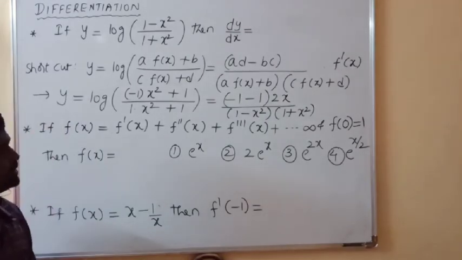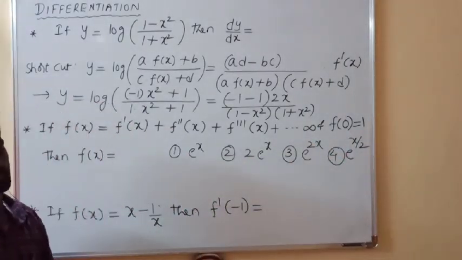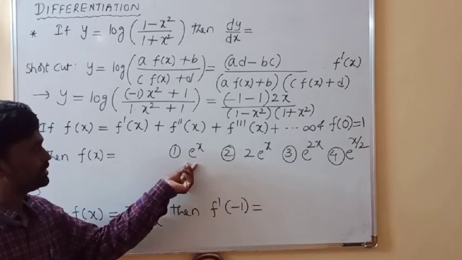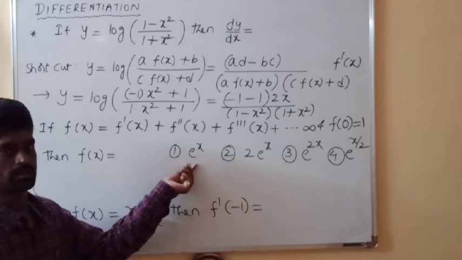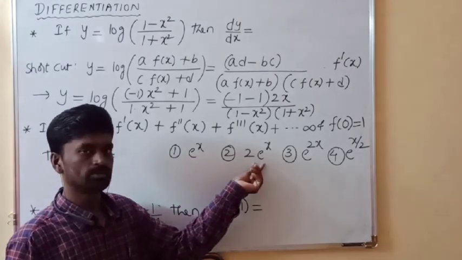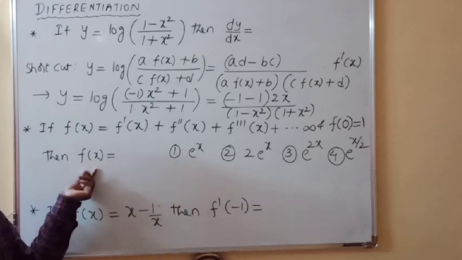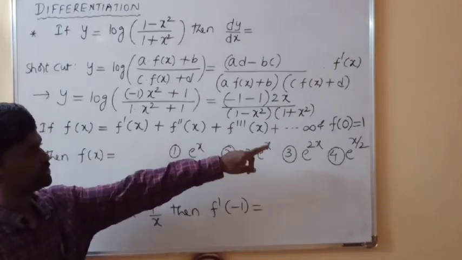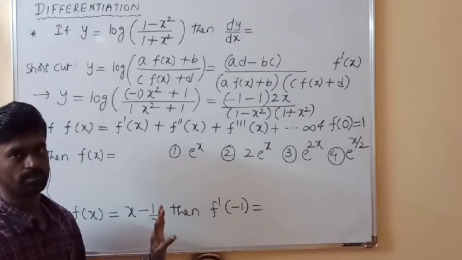So first, check the condition that f(0) must be 1. Suppose the first option is correct. If you put x value 0, what do you get? e power 0 is 1, so maybe the first option is correct. Suppose I assume f(x) is e power x, then it should satisfy the first condition, f(0) is 1. e power 0 is 1, correct.